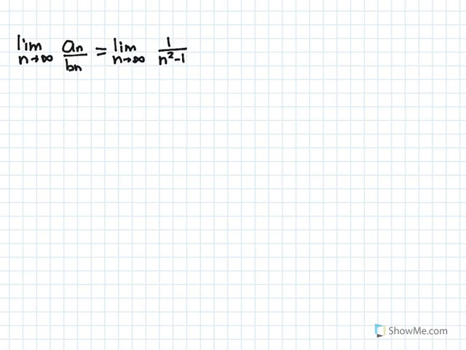So let's apply the limit comparison test. Let's take the limit as n approaches infinity of a sub n divided by b sub n. This is equal to the limit of 1 over n squared minus 1 divided by 1 over n squared. Let's flip the fraction and simplify: we get the limit as n approaches infinity of n squared divided by n squared minus 1.